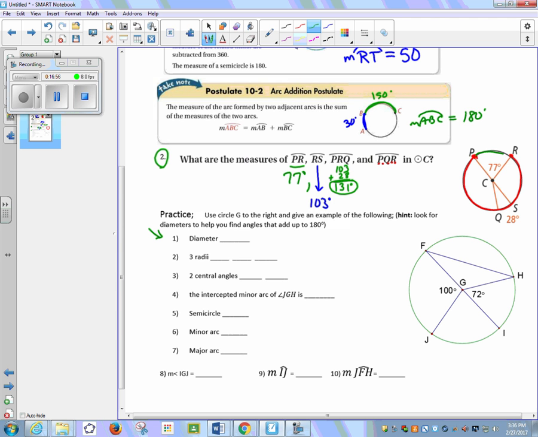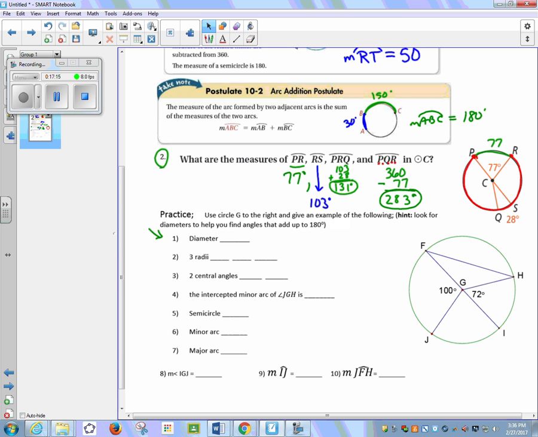We said this is 77. So I'm going to do 360, which is the whole circle, subtract the 77, and I'm going to get 283 degrees for PQR.